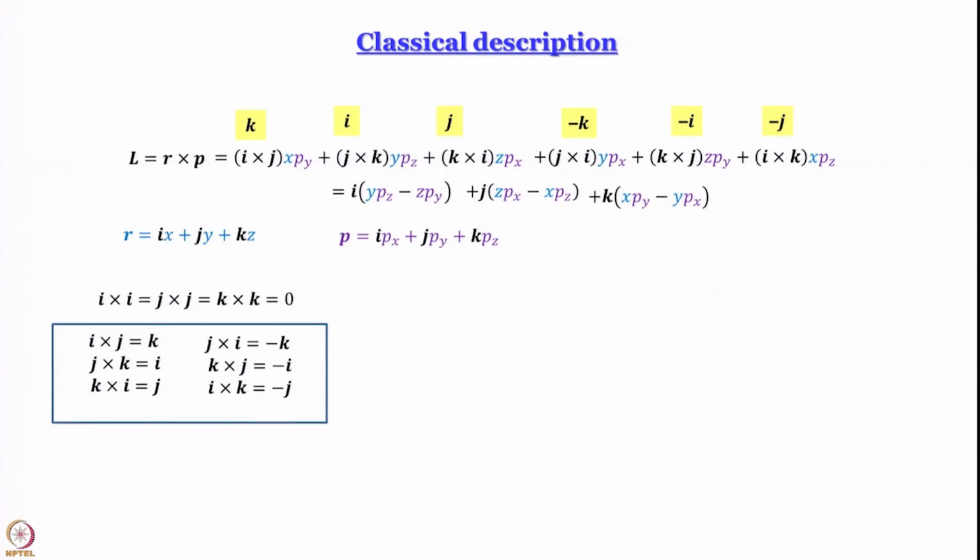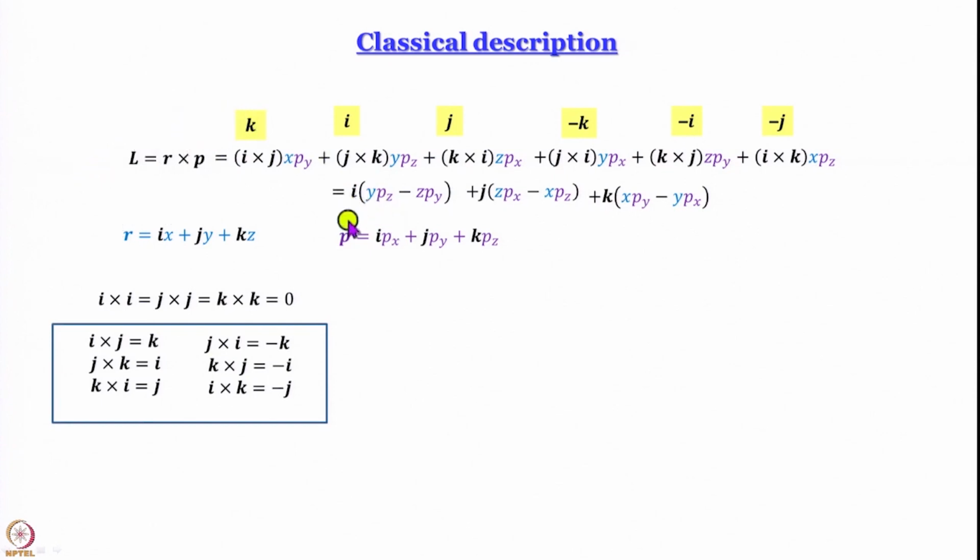Okay. So, remember this, i multiplied by ypz minus zpy plus j multiplied by zpx minus xpz plus k multiplied by xpy minus ypx, alright. So, now see what is this, that right hand side is an expression for angular momentum.